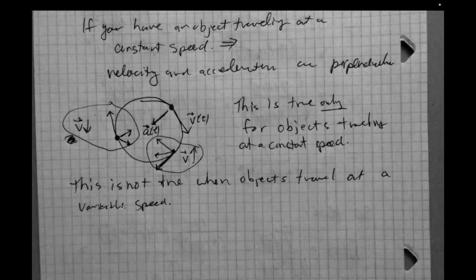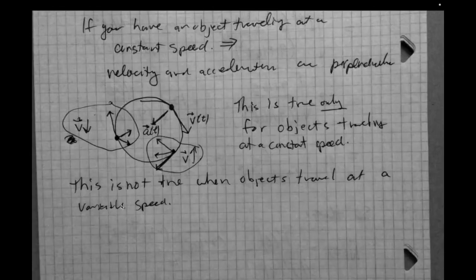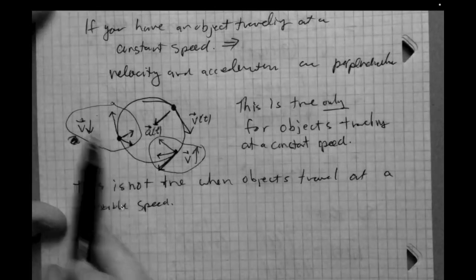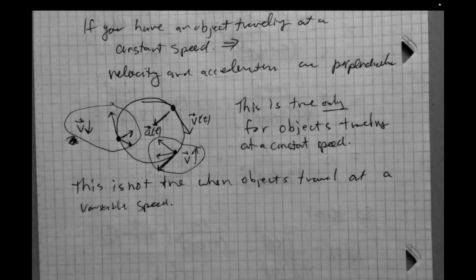right? So the takeaway here is that if an object's velocity is changing, then some piece of the acceleration, maybe not all of it, is going to be acting in the direction of the velocity, or in the case of deceleration, perhaps against the direction of the velocity.